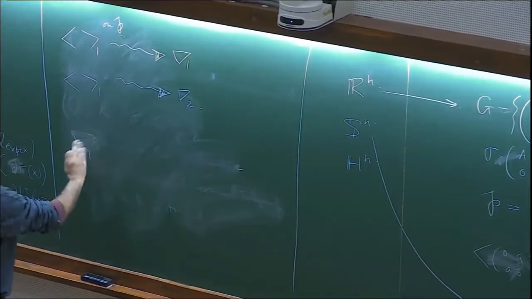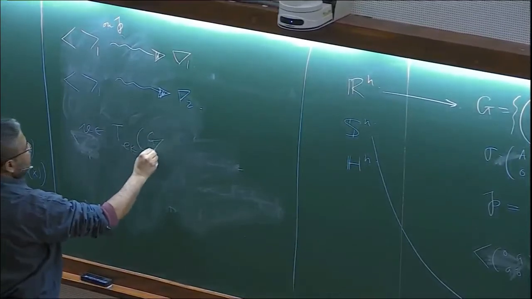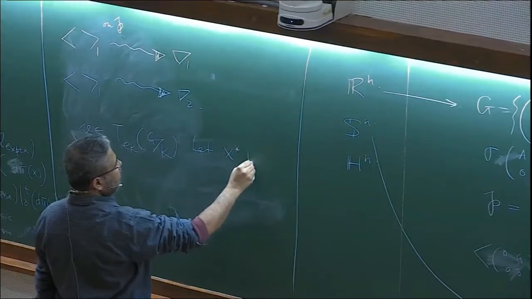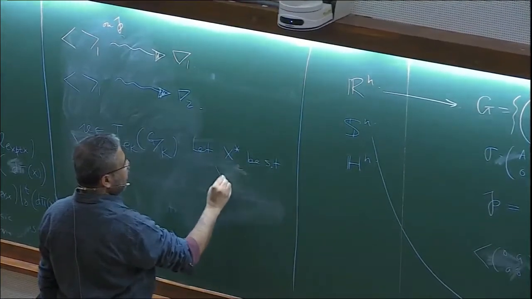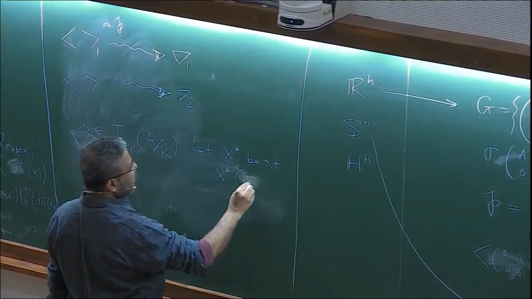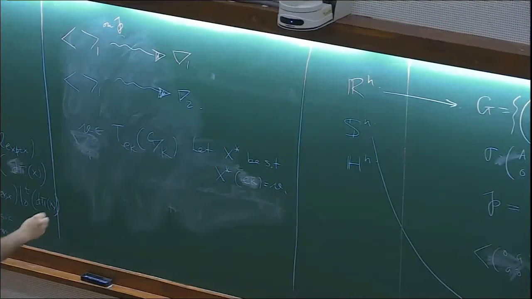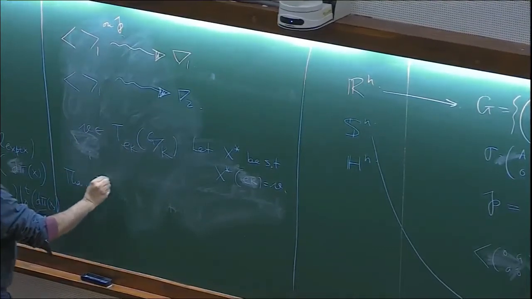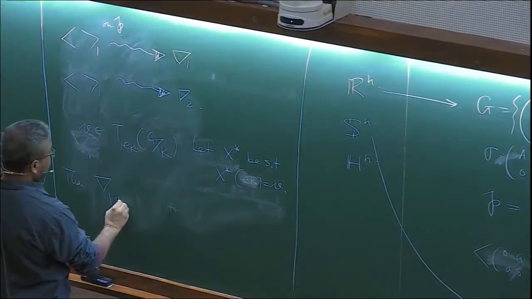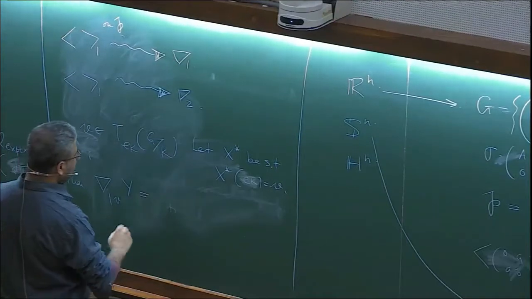So I take V at T e^K G mod K and let x star be such that x star at e^k is V. Okay. Then this one, V of y, is going to be what?